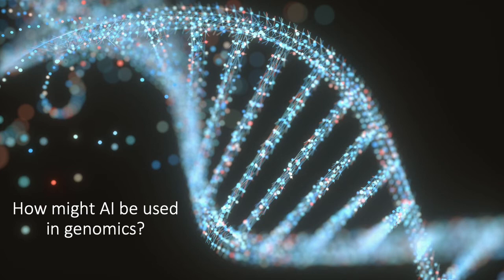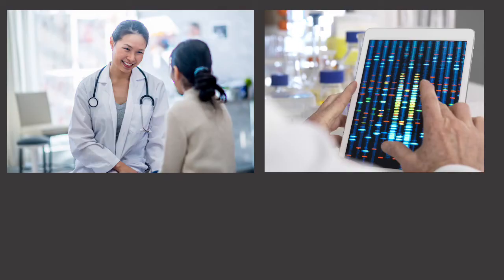So how might AI be helpful in genomics? Well, in Australia, from 2018 to 2021, around 25,000 people had a genomic test. Of these, 17,000 were unsolved, meaning that the patient didn't get a diagnosis.